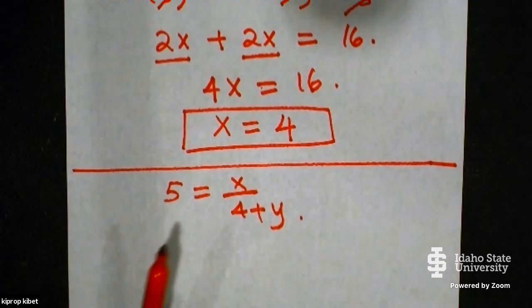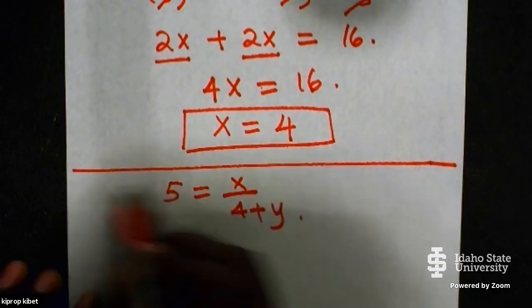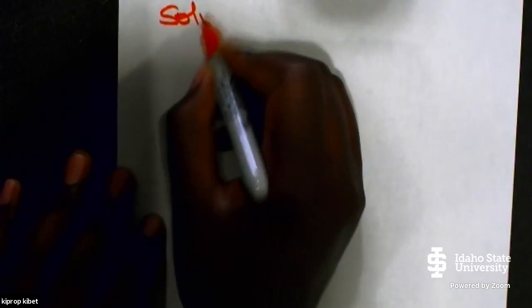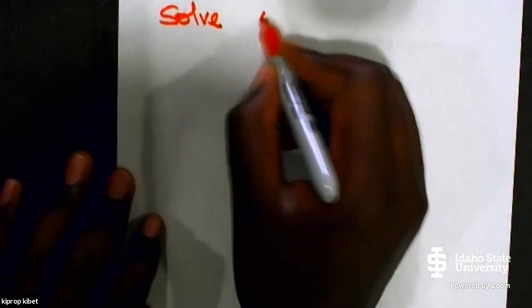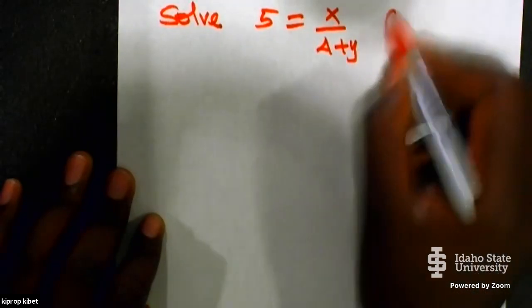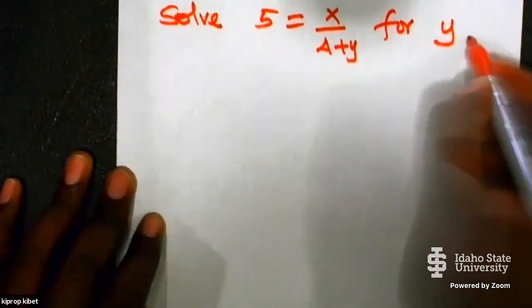When you're given this one and then told to solve this. So solve, let me write it afresh: solve 5 equals x all over 4 plus y for y.